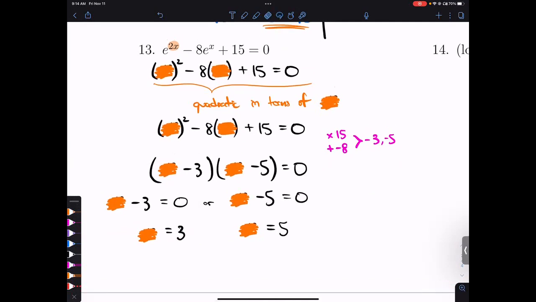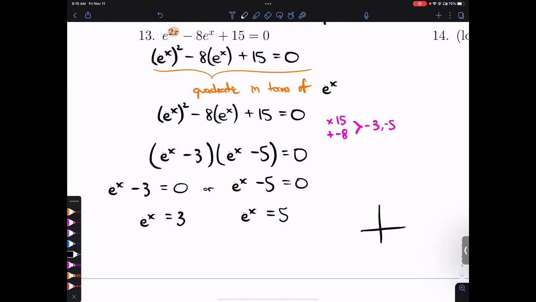So I'm going to go back and look at what we're actually dealing with. None of this would have changed from it being e to the x. We're just focusing on the algebra, right, and the structure of what's going on. So e to the x is 3 or e to the x is 5.